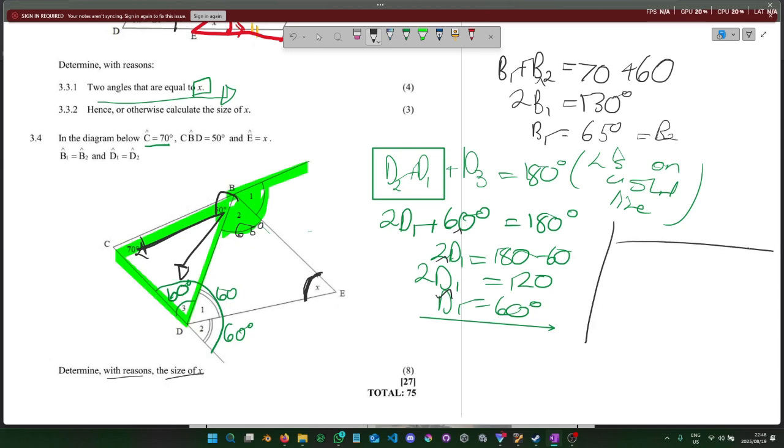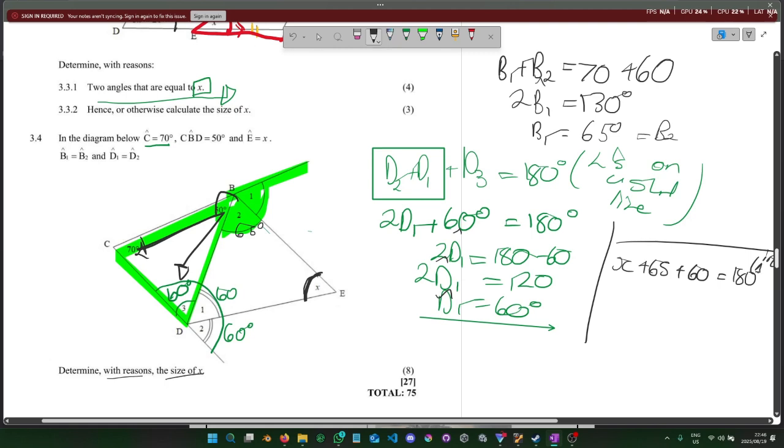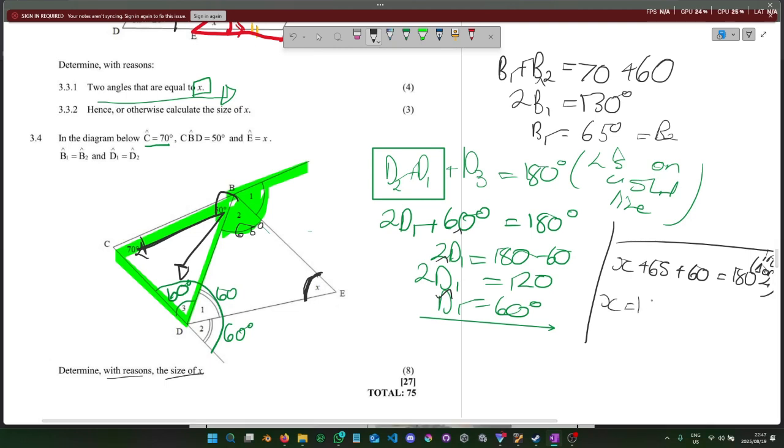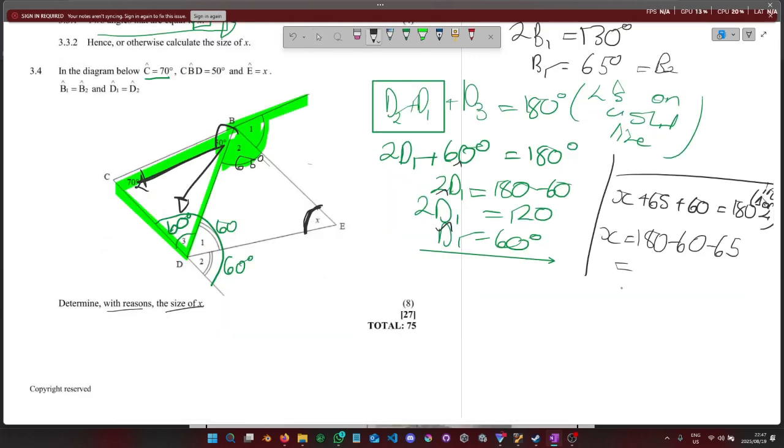Therefore, we can say that x plus 65 plus 60 is equal to 180. Why? Because of the angles of a triangle. So x will be equal to 180 minus 60 minus 65, which is equal to 55 degrees.